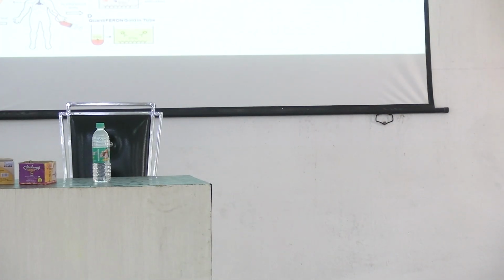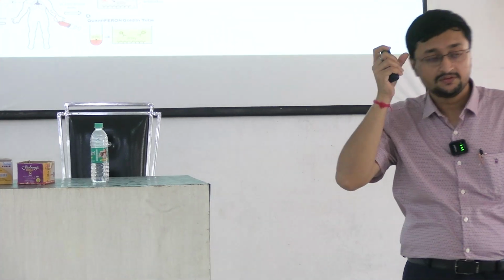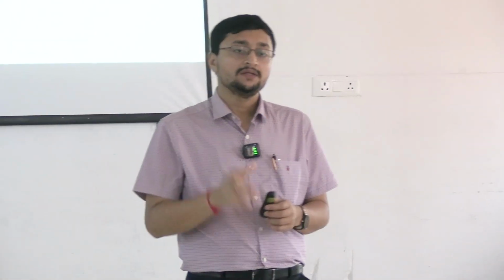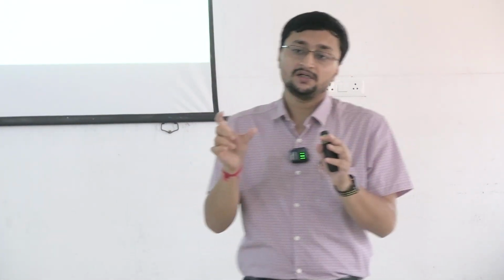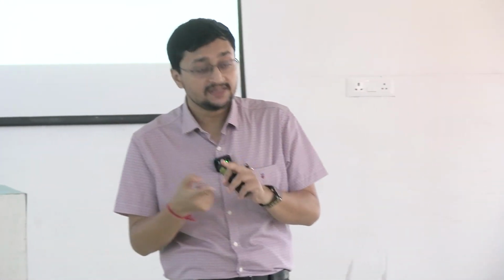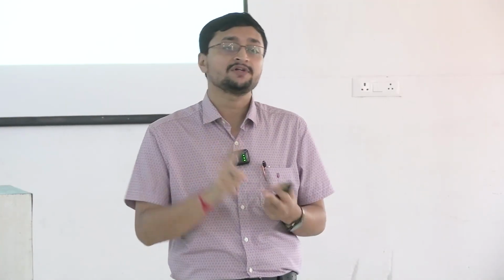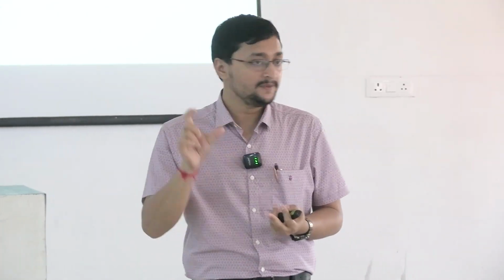But the sensitive one is IGRA. Why is IGRA more sensitive than MANTU? Because in IGRA, what we do is extract two different antigens that are specific to Mycobacterium tuberculosis. One is ESAT6 and another one is CFP10.